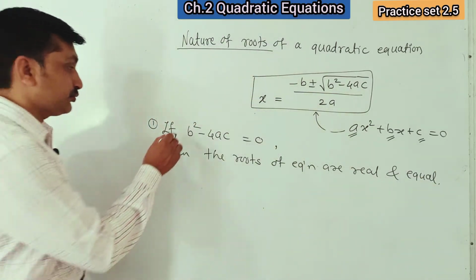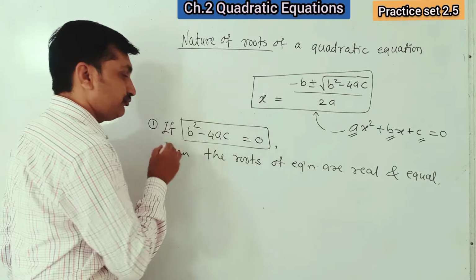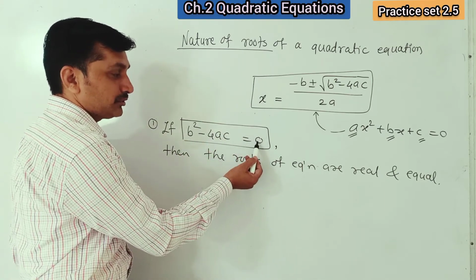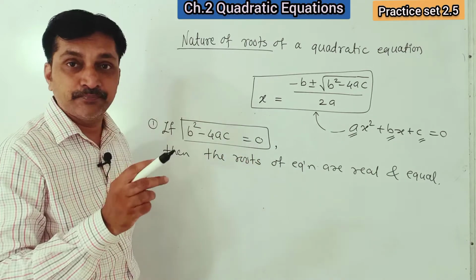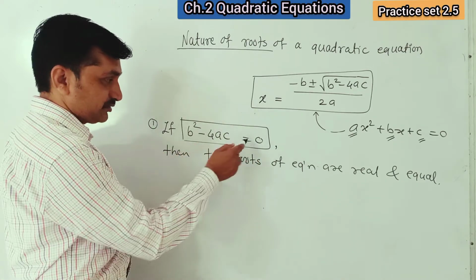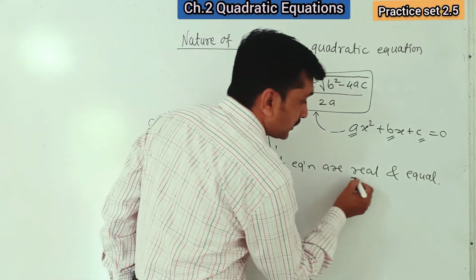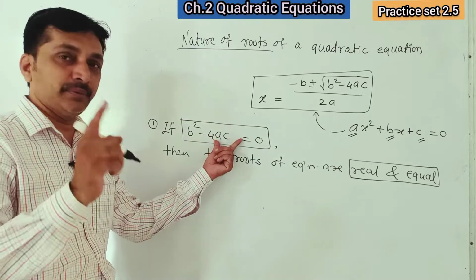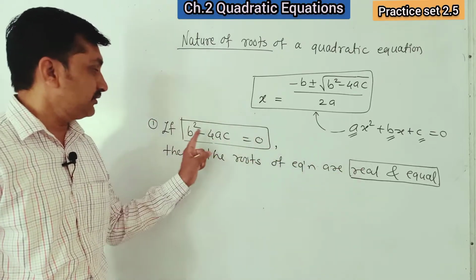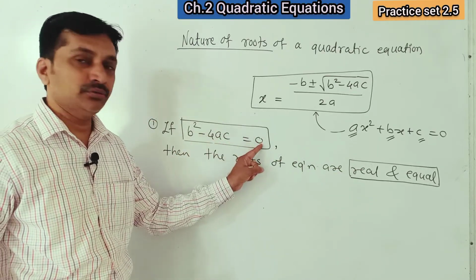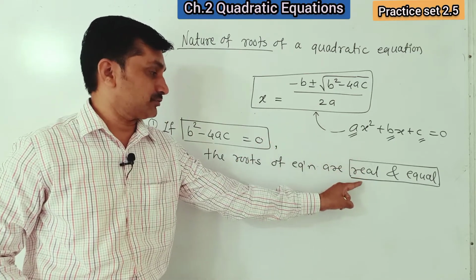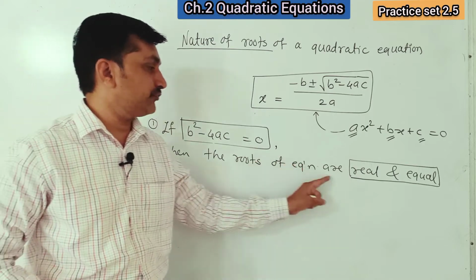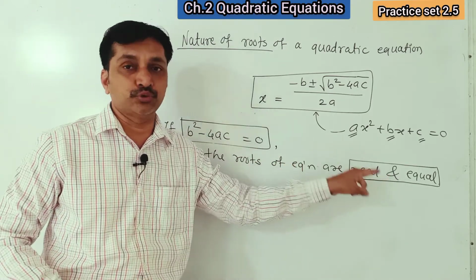Remember that, it is very important. If we get b square minus 4ac equal to 0, then the roots are real and equal. You remember this point. If b square minus 4ac is equal to 0, then the roots of the equation are real and equal. It is the nature of the roots.